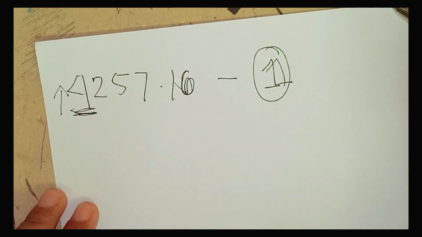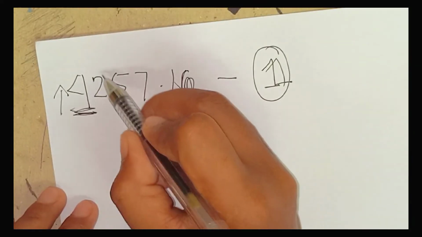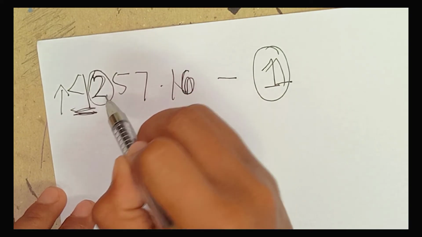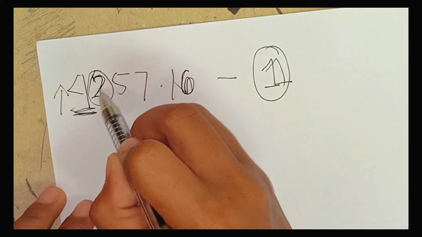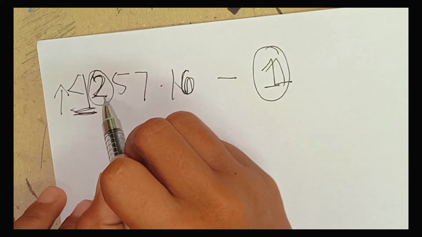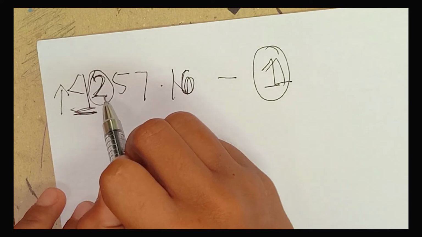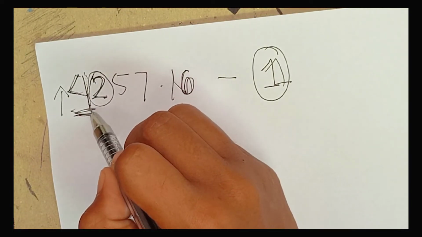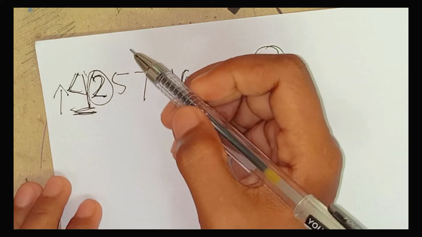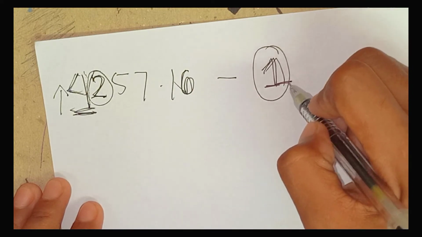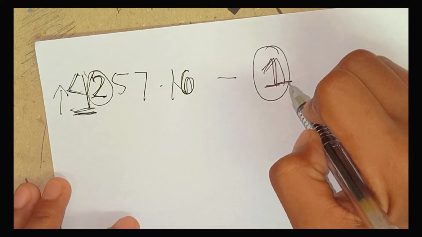So we look at the next number, which is 2. 2 is less than 5, so we round down and keep it as 4. Since we have only one sig fig, everything else is going to be 0.